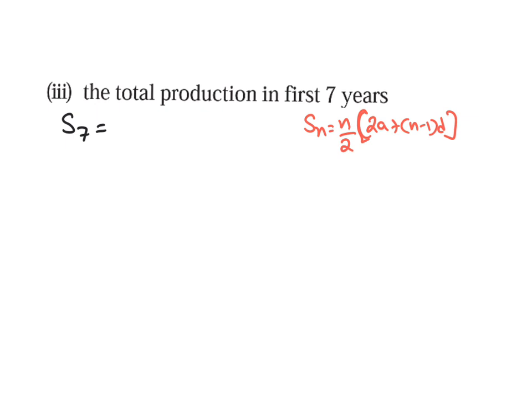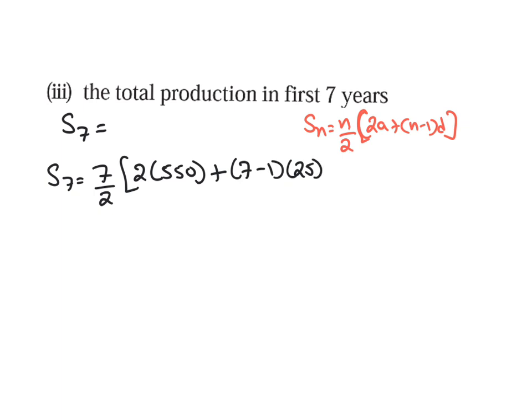So S7 is equal to, n over here is 7. So 7 over 2 times 2 times, what was the first term? 550, plus n, which is 7, 7 minus 1 times d. What was the common difference? 25.